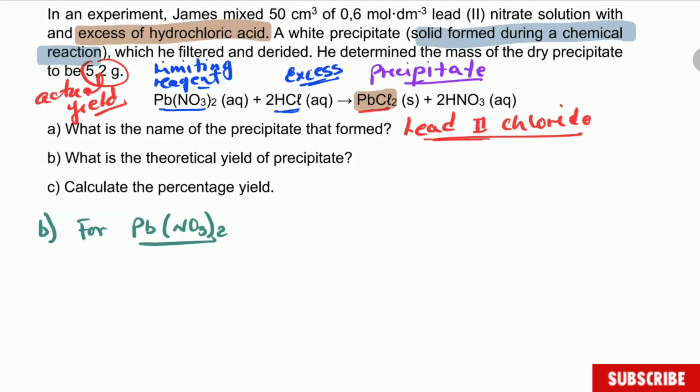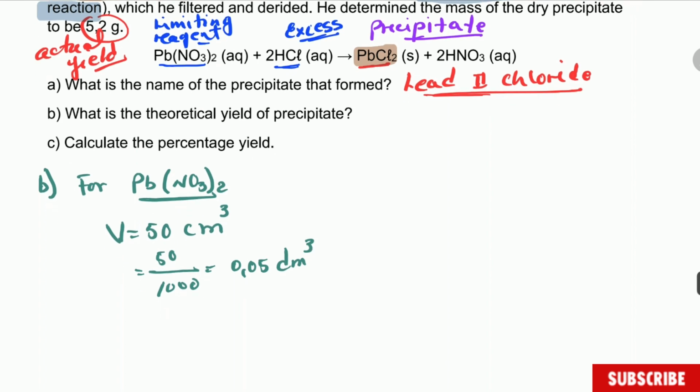What we know about that solution is that the amount of the solution used was 50 cubic centimeters. Remember, we cannot work in cubic centimeters, we have to convert, and I think this is the right moment to convert. You divide by 1,000, so it's 50 divided by 1,000, that will give you 0.05 cubic decimeters.